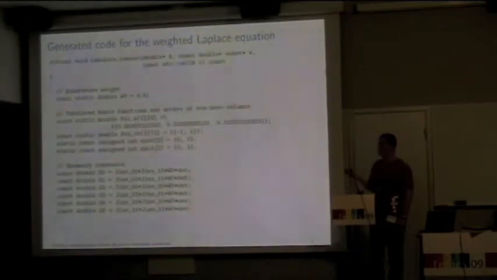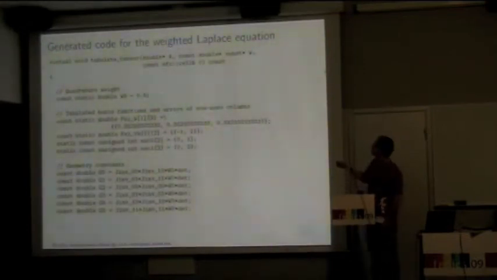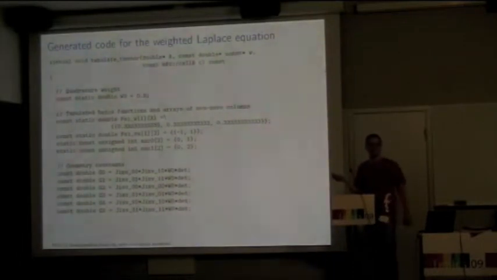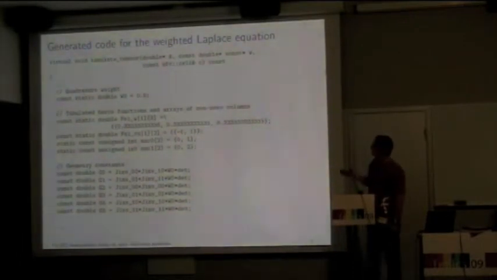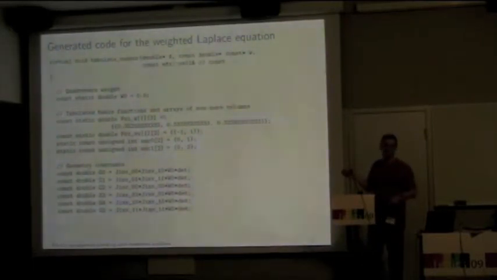Here we have the generated code for the tabulate tensor function for the weighted Laplace equation. First we tabulate the quadrature weight. Quite simple actually. And these are the basis functions for the function w evaluated at this quadrature point.